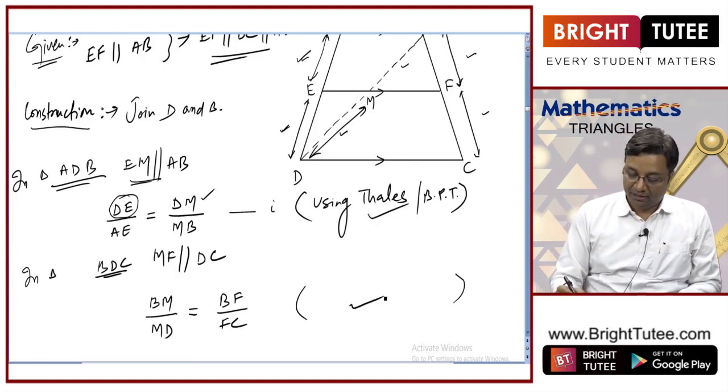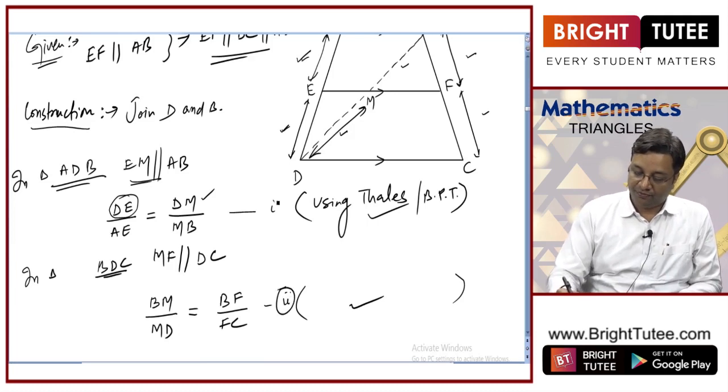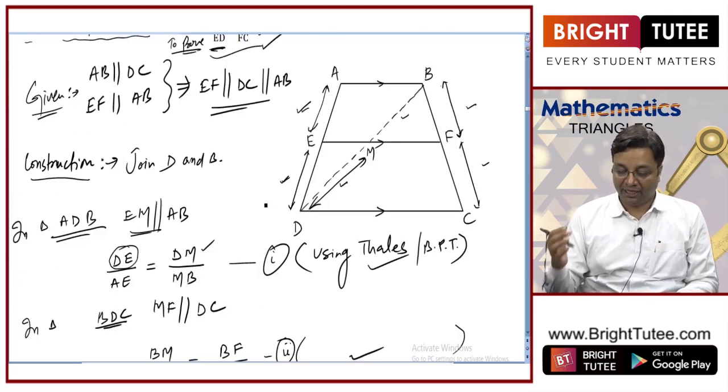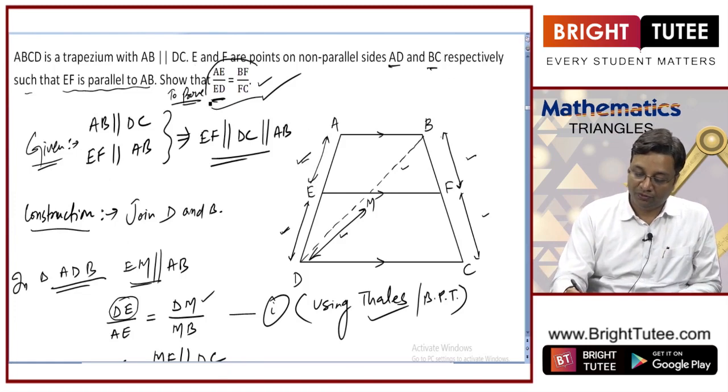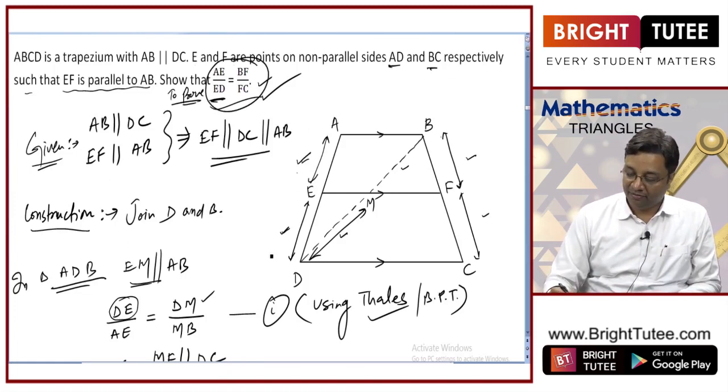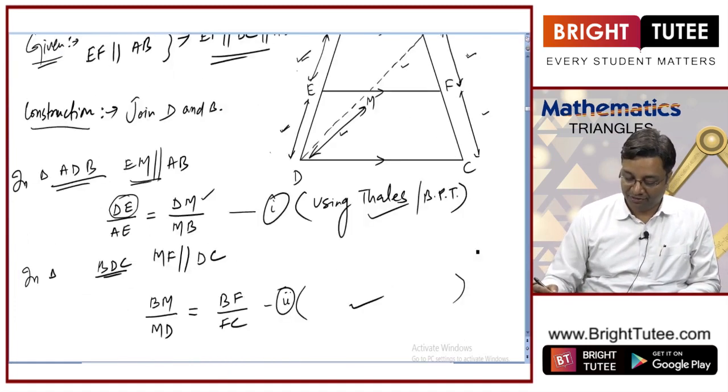So now, this is my result number 2. Always keep in mind the result that you want to prove. You want to prove AE by ED is equal to BF by FC.